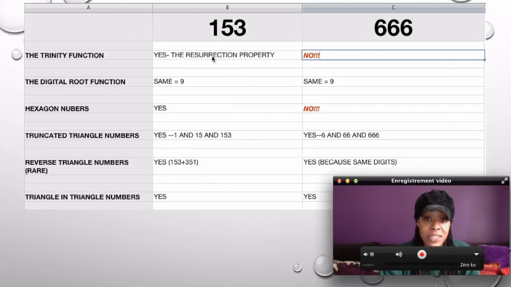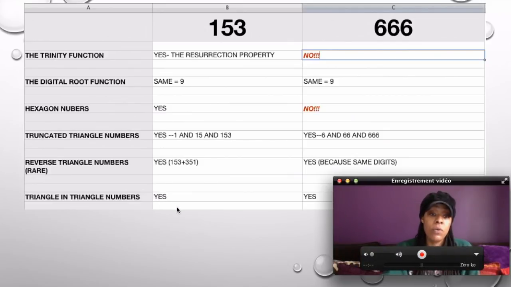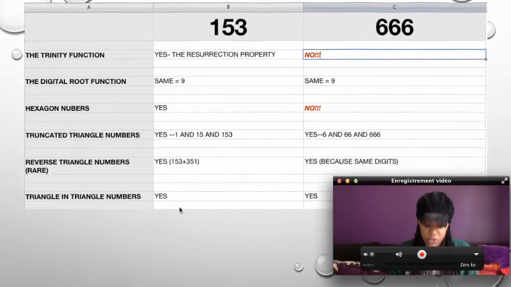So that's very easy. 153 and backwards 351, they both are triangles. And because 666 is the same digit, it is also a reverse triangle number. But it is still very, very rare to have a holy letter also be a reverse triangle. So what about this triangle and triangles? Let's look at that.